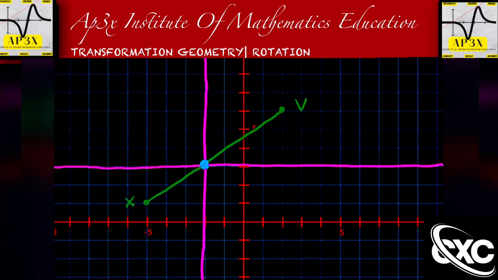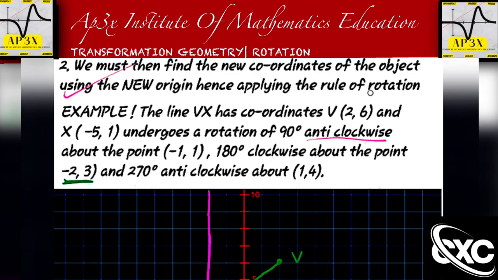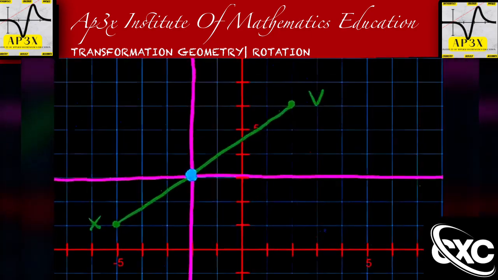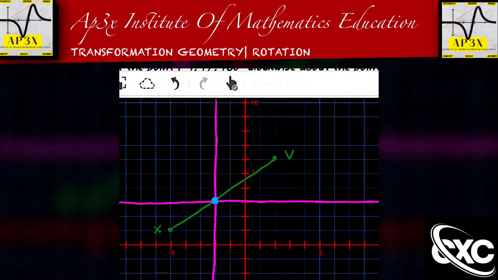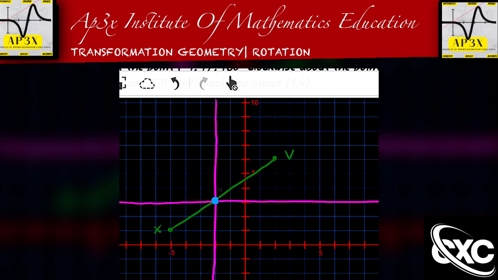Of course, first they were, say here, 2, 6 and -5, 1. I've created a new axis. So now it's going to change. We need to determine those new coordinates in comparison to this new origin that we've created here. So x here is now simply going to become 1, 2, 3.